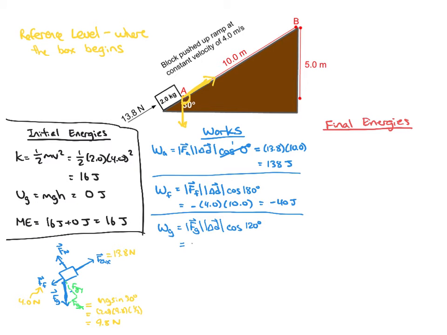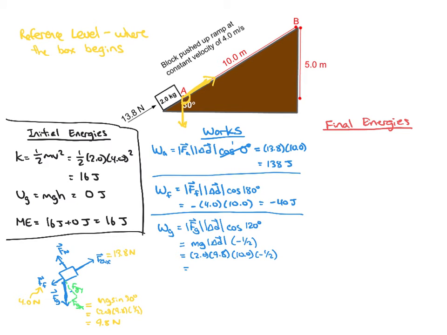Okay, the force of gravity is mg. And cosine of 120, that's actually a special angle, and that's going to equal negative a half. The mass is 2, g is 9.8, displacement's 10, and then we've got this negative a half.